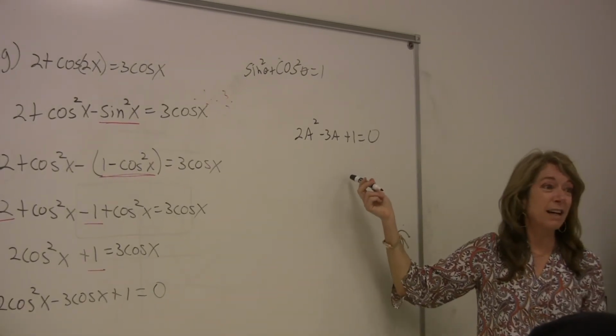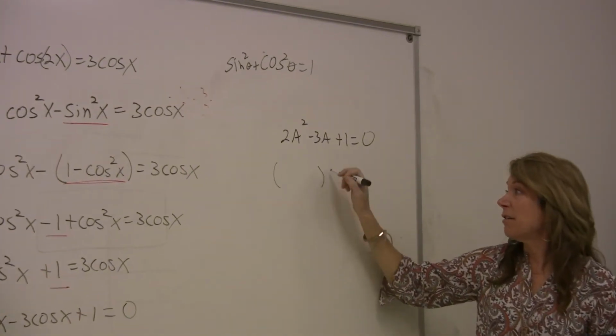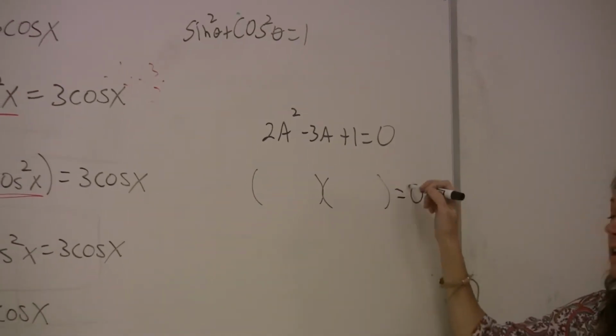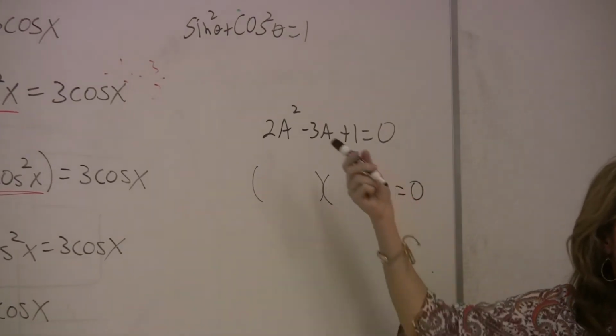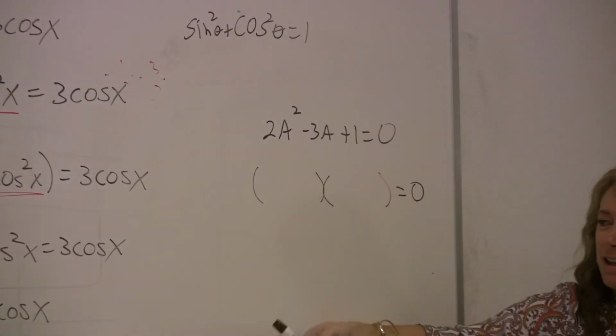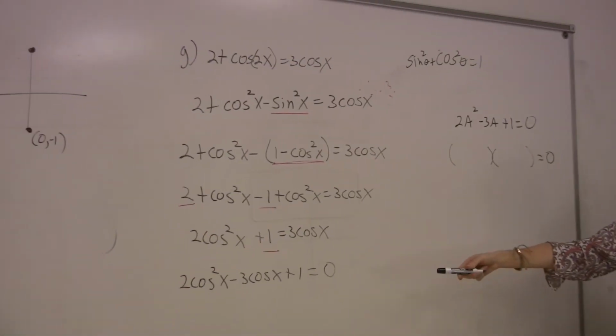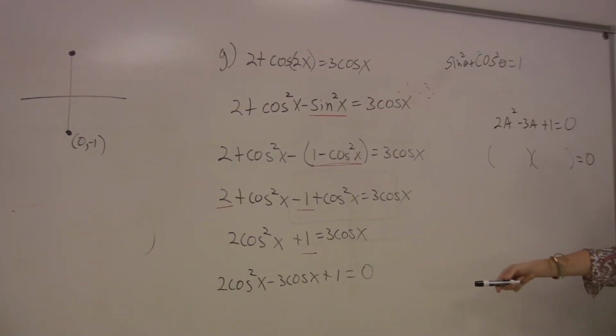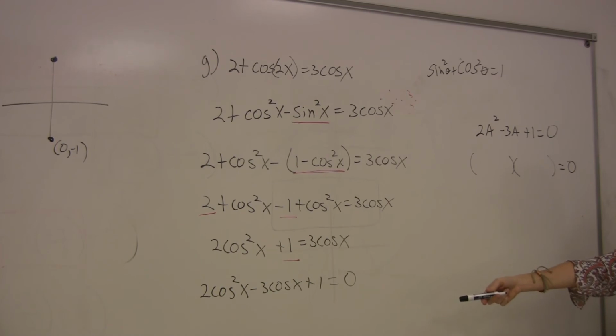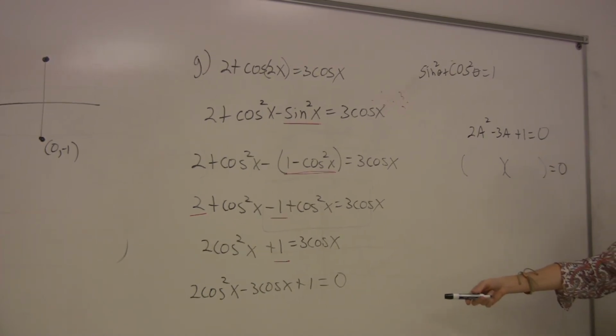You could factor it, right? Some of you are better at factoring than others, but you could factor it, set it equal to 0. See how you recognize that more up here? That's really the same thing, but instead of a, I have cosine x. See how it's the same thing?